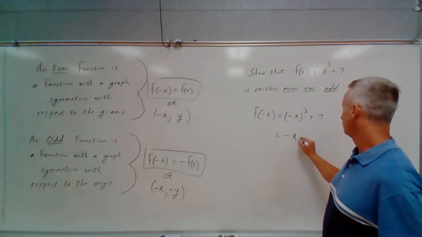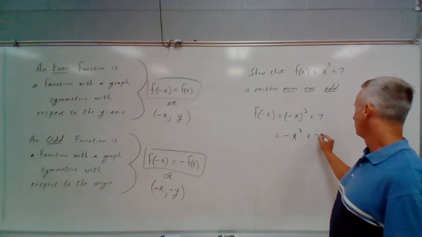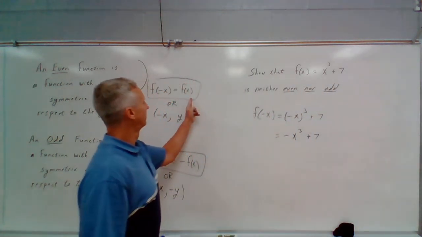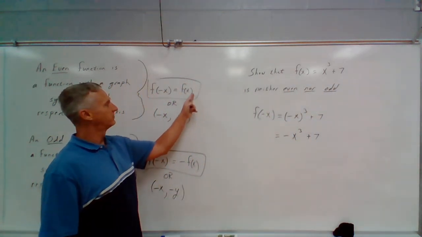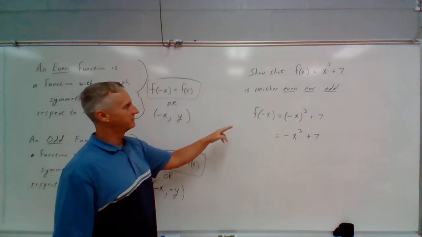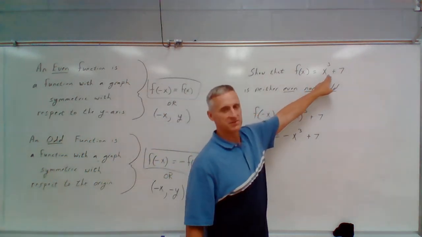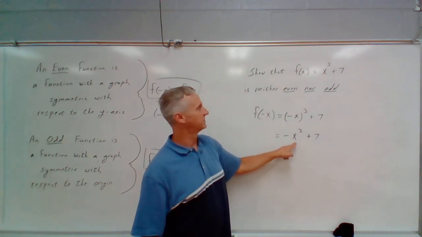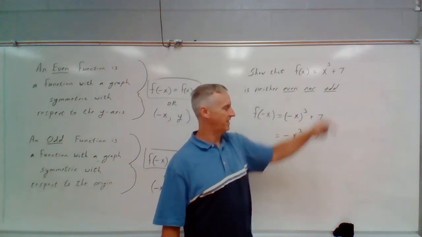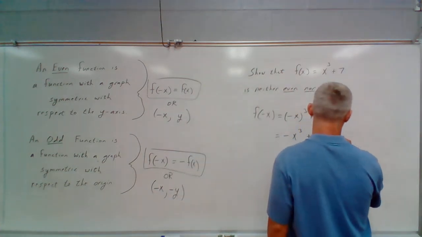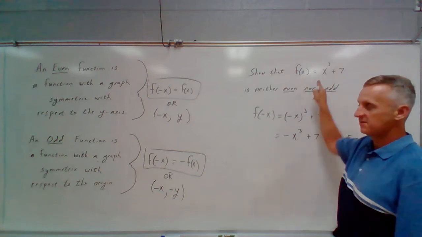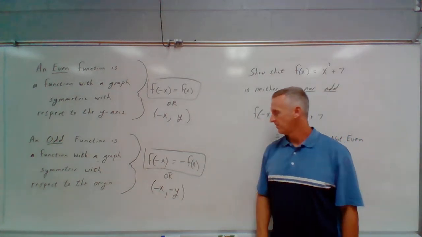That's negative x to the third plus 7. In order for it to be even, we need to get f of x back out of it. f of x is x to the third plus 7. Well, this is negative x to the third plus 7, so it's definitely not that. So it's not even, because it's not equal to f of x like it should be.